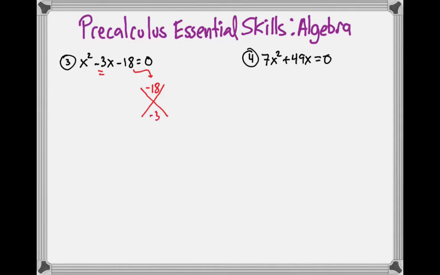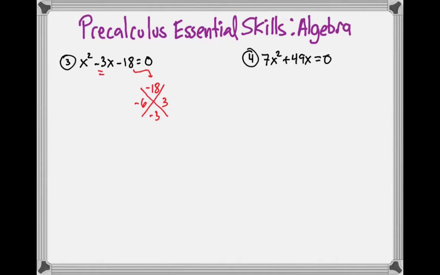Okay, and so after looking at some possibilities, I know that we can probably do this in our head. We're going to get negative 6 and positive 3. So just to check, negative 6 times 3 is going to give us negative 18, which is good. And then negative 6 plus 3 is going to give us a negative 3. So we know that those work.